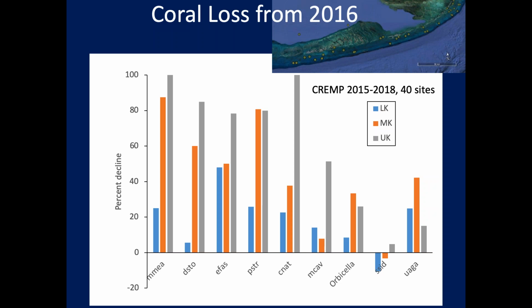These are basically the gray bars, followed by the middle Keys, the red bars, and the lower Keys are the blue bars. The main difference that you see between regions reflects when the disease first emerged within that region. Basically, at the time of the surveys done in 2018, there were only a very small number of sites within the lower Keys that were affected by the disease, and hence there's been a much smaller decline in those susceptible corals.